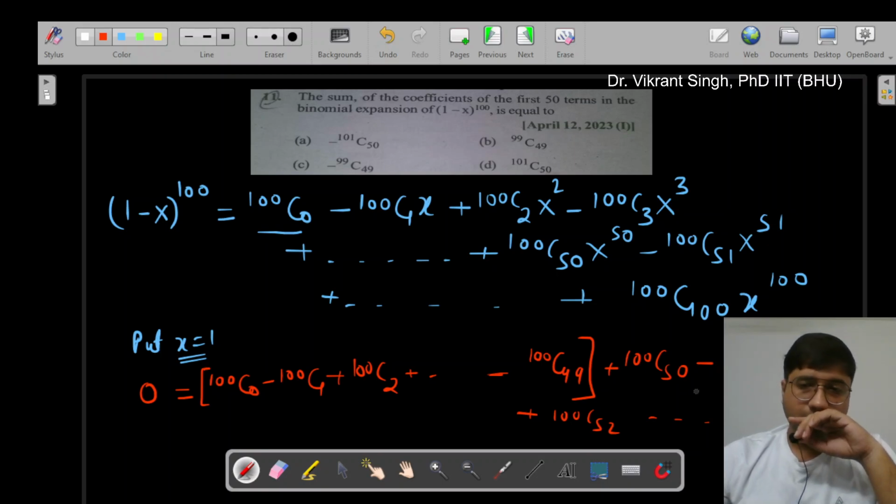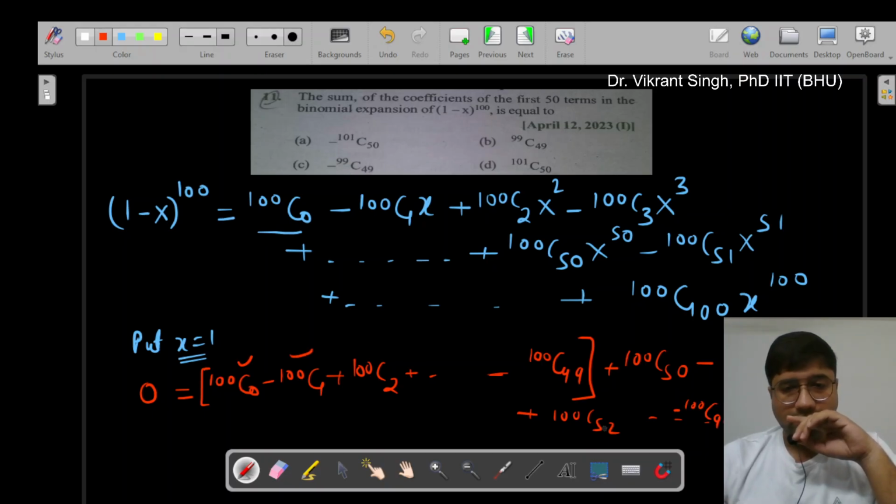Simple. Now if you see, this value is equal to this, and just before that, if you write the term 100c99, this value is equal to this.